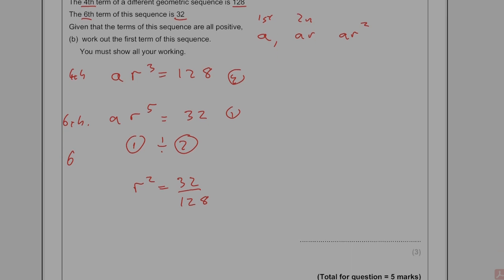That means 32 is a factor of 128. It's 4 times 32, because if we think 32, 64, double it again, 128. So that means that R squared is equal to 1 over 4. So R must be equal to 1 over 2.